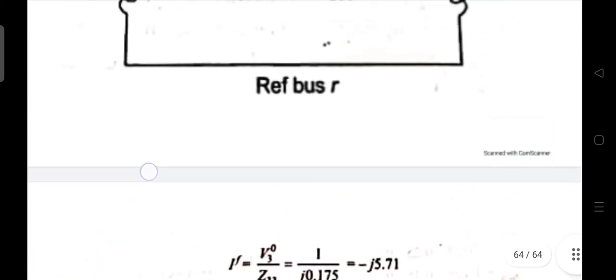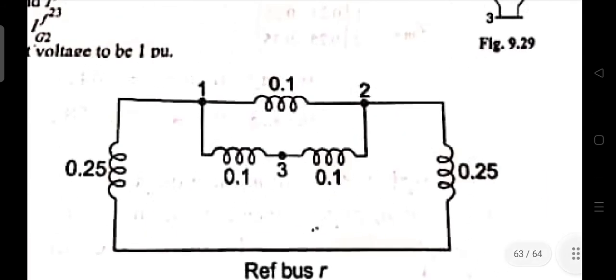Okay, so for V1 we can use Z13 divided by Z33, and for V2 we can use Z23 divided by Z33. We already know the values of Z13 and Z33, so we can obtain the voltages V1 and V2. And by calculating the voltage we can see that both voltages V1 and V2 are the same. Why the same? Because we already saw that the currents are in parallel, so the voltage will be the same, right?